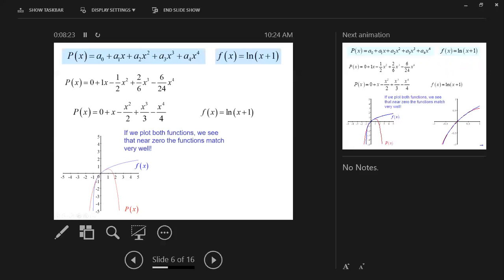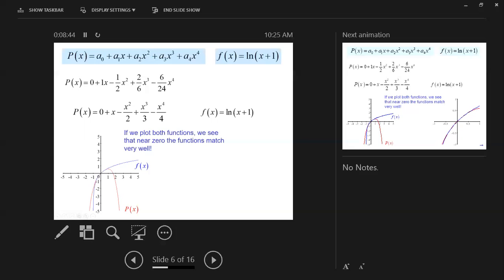They both share that same point. Now beyond that, they're going to be really close, but not touching. But you can see, at least between negative 1 and 1, I've got a pretty good approximation. So this polynomial, the red, is acting really well like my natural log function, natural log of x plus 1, shifted to the left one.